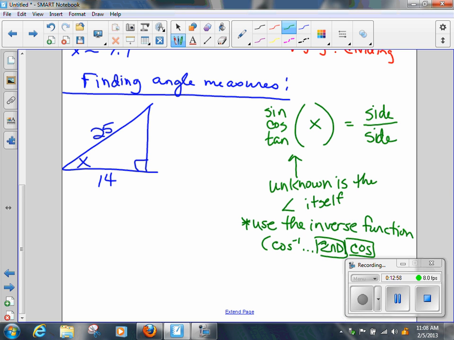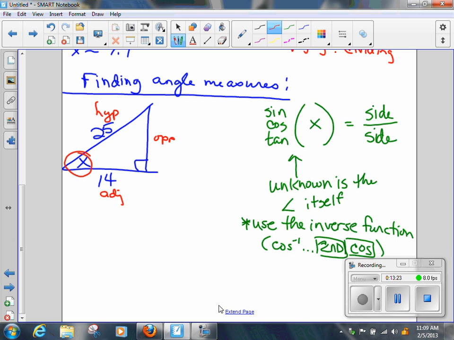Now, how would I find X for this? Do the same thing I've been doing, okay? Circle your angle, label your triangle. My opposite has nothing, my hypotenuse, my adjacent. Do you guys agree with me there? Just label in the triangle. What do I know absolutely nothing about?